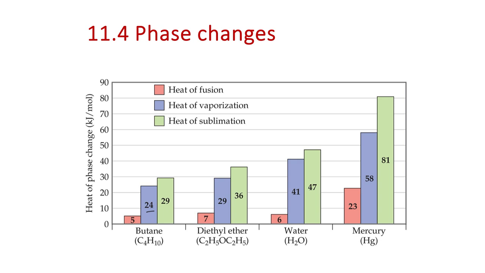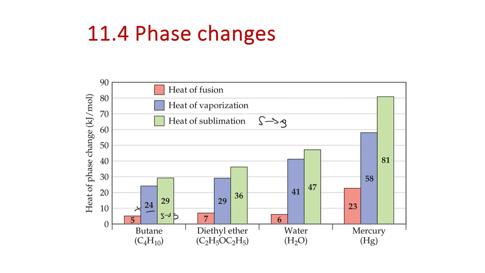And then if we want to go from solid to a gas directly, it's the sum of the two. So 5 plus 24 is 29. So the delta H of sublimation of butane, solid to butane gas, that direct solid to gas reaction, that delta H would be 29 kJ per mole.